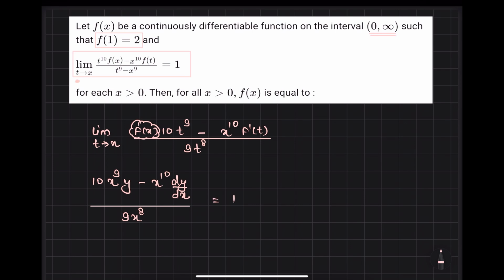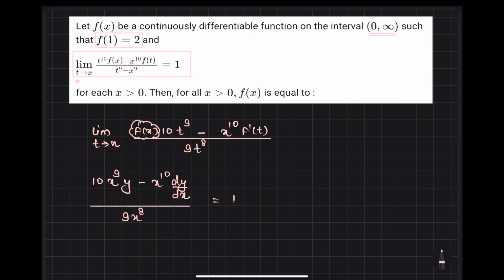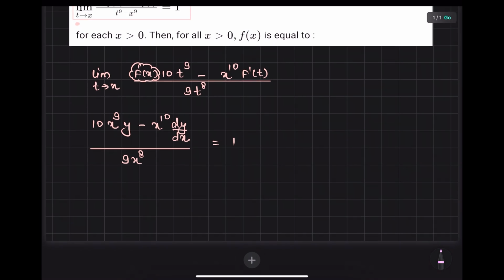They are not wrong and we cannot be wrong either. Now can I simplify things, and we will be left with 10 by 9 x y minus 1 by 9 x square dy by dx, equal to 1.